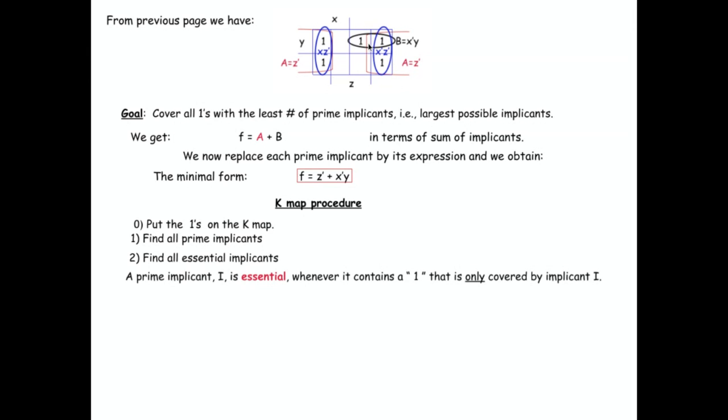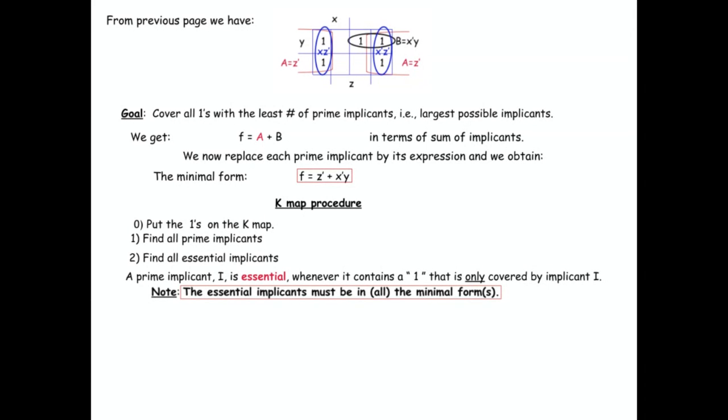On the other hand, for B, this one is not covered by A. This one is, but this one is not. So it's uniquely covered by B. So it makes both of these prime implicants essential. Once we found all the big implicants, now we're determining which of them are essential, and in this case, both are.